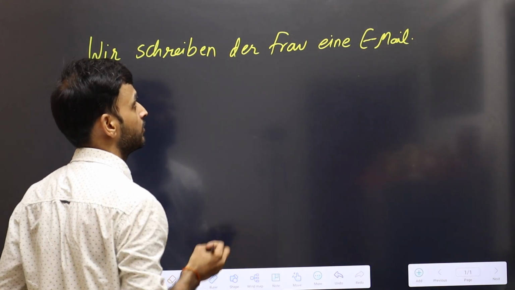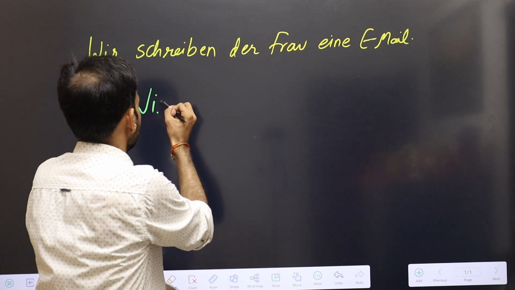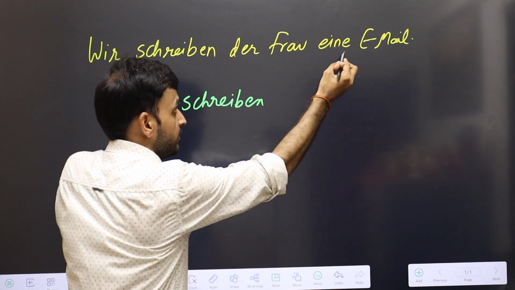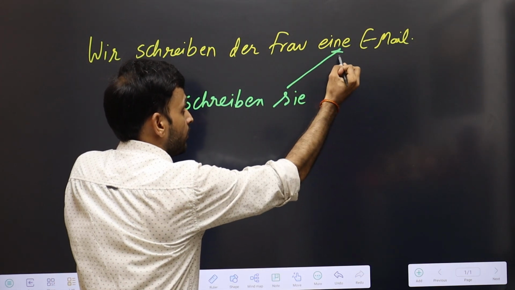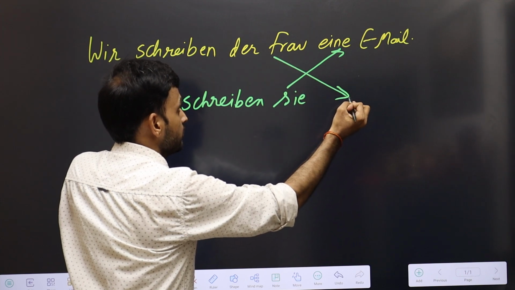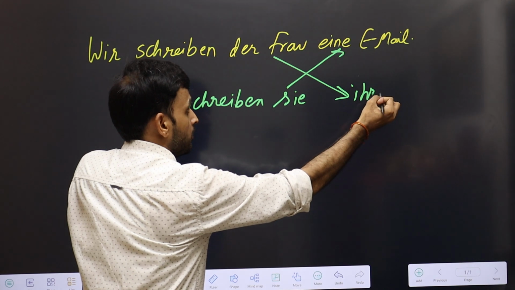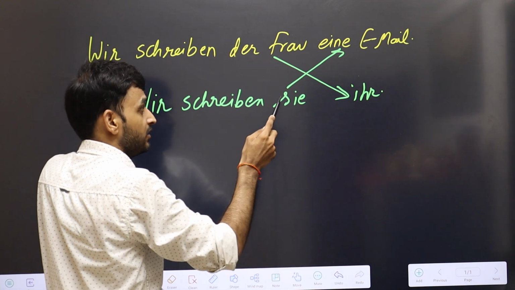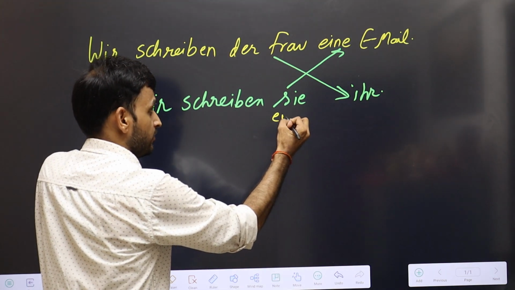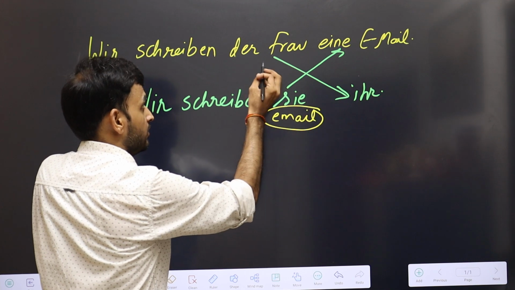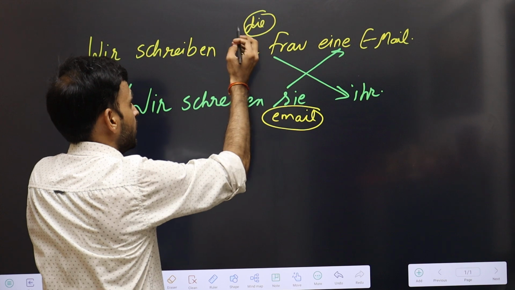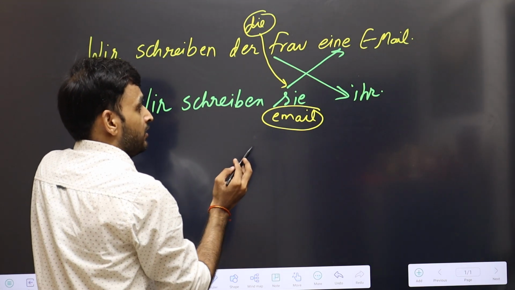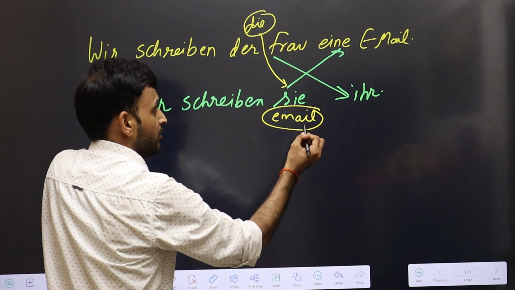Wir schreiben, in other words, wir schreiben sie ihr. So here sie means email. We write her, okay, we write an email to her. Sie means email because die E-Mail is feminine. And Frau is die Frau. In dative it becomes der. So sie is the email. We write it to her.